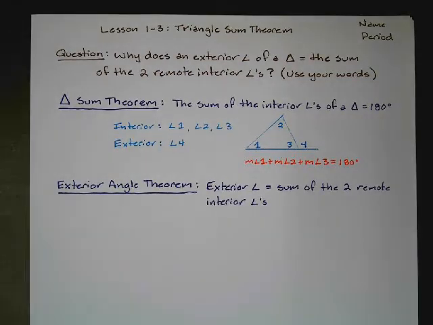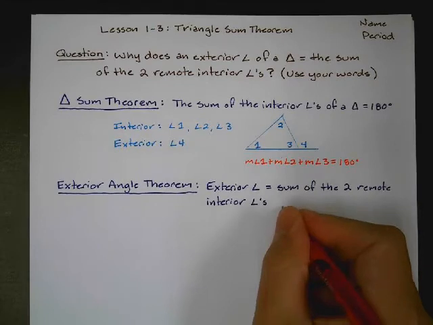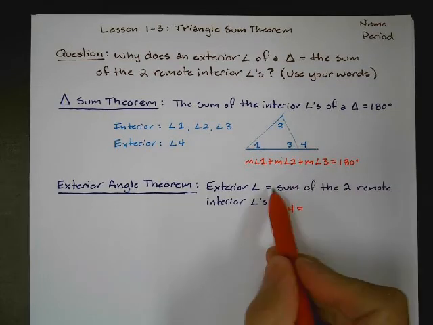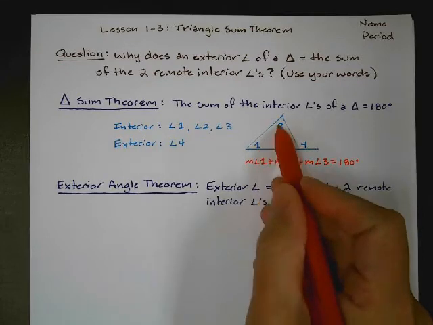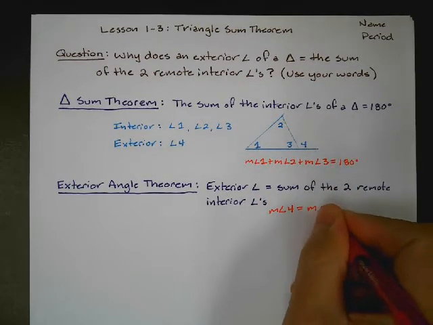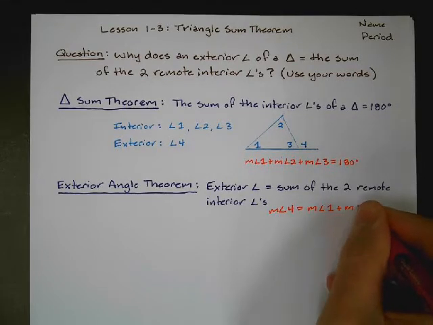So in this case, we know that the measurement of angle 4 is equal to, so the exterior angle is equal to the sum of the two remote interior angles. And like we said, the remote interior angles are angle 1 and 2. So it's equal to the measurement of angle 1 plus the measurement of angle 2.